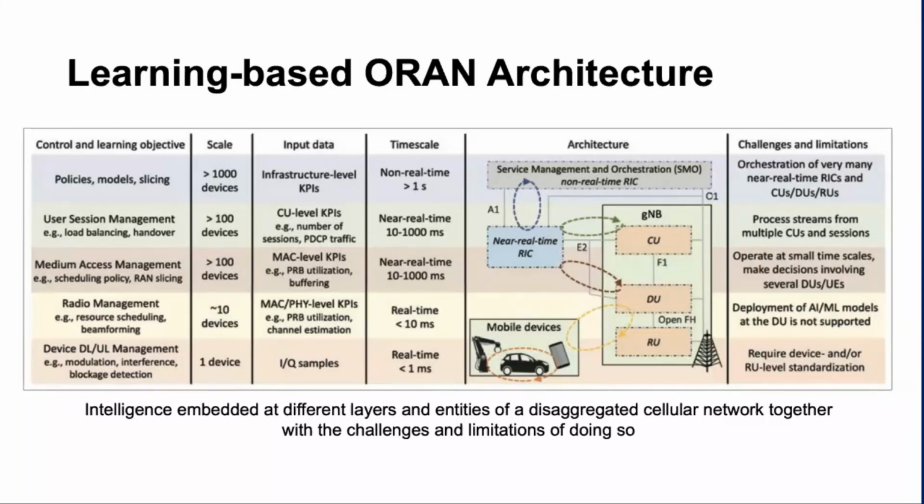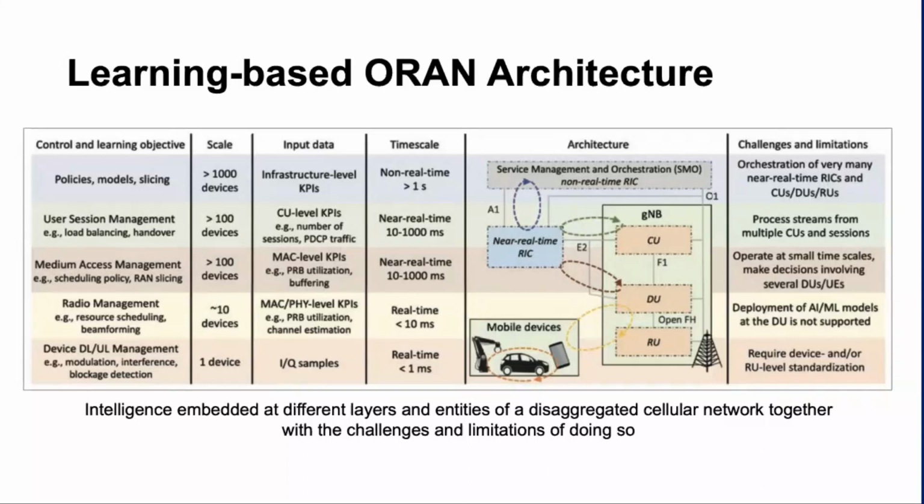Now, going towards the edge of your network, we have our near real-time timescales, which is from 10 to 10,000 milliseconds. The control or learning objectives where we can apply AI and machine learning are user session management, medium access management, radio management such as resource scheduling and beamforming, and finally, your downlink and uplink management, particularly modulation, interference, and blockage detection.